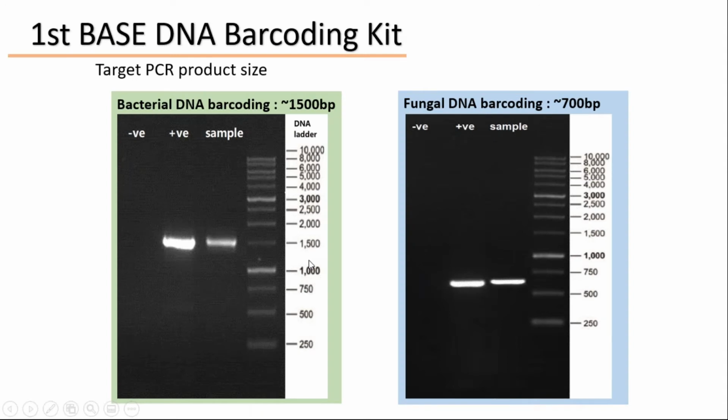Okay, after we have done the amplification, the next step should be to check with gel electrophoresis. If you refer to the screen that I display here, we should expect the target PCR product with the size of 1,500 base pair for the bacterial DNA barcoding.